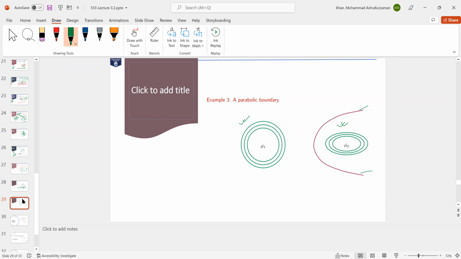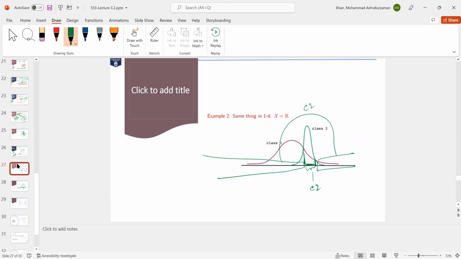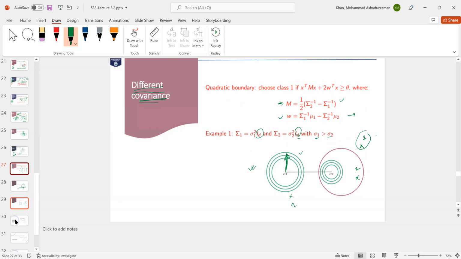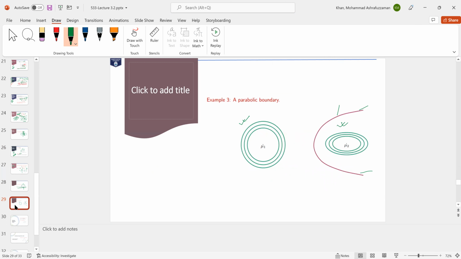But whatever we do, we get some quadratic decision boundary because we are trying to model our classes using a distribution that is quadratic. So we'll get a quadratic decision boundary. It may come from a parabola, a hyperbola, or maybe some circles. And in very special cases, we'll find some linear lines. But normally, they'll have the shape of some form of quadratic.